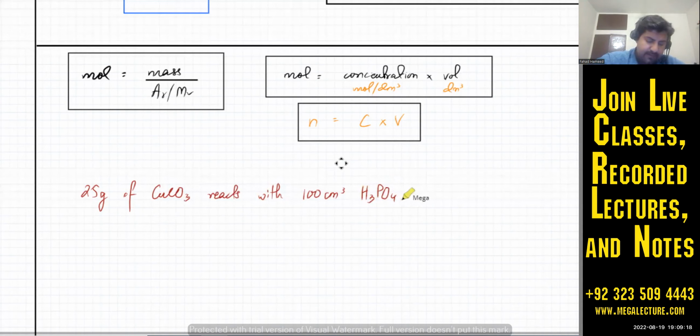So you're supposed to find these things. Okay, number one, find the concentration of phosphoric acid that's used. Number two is the mass of salt that is produced.